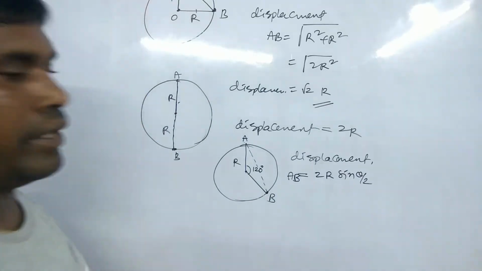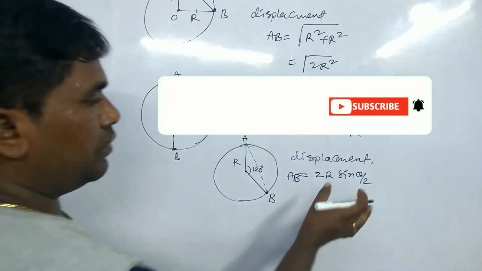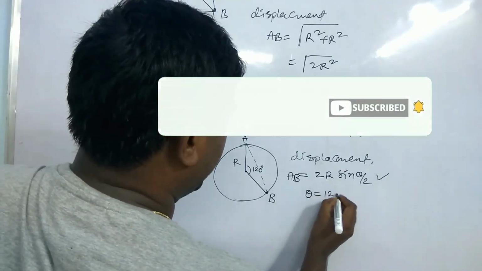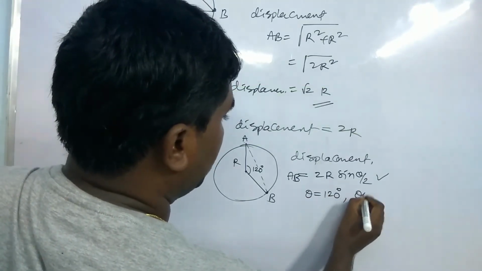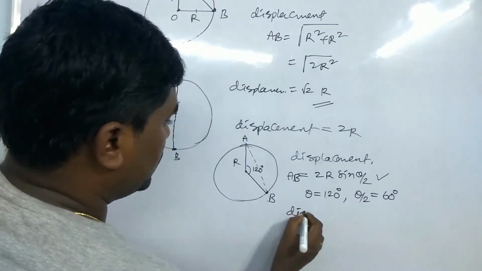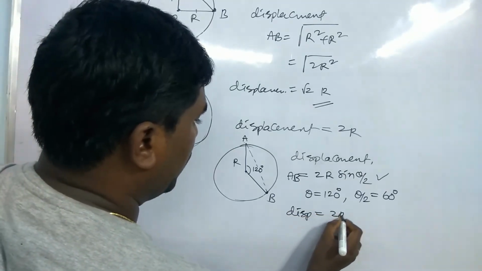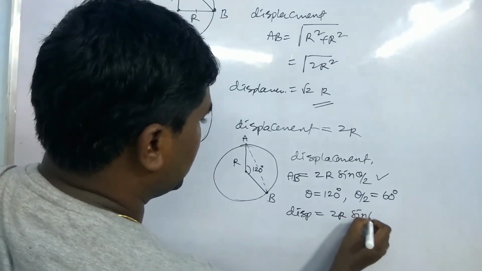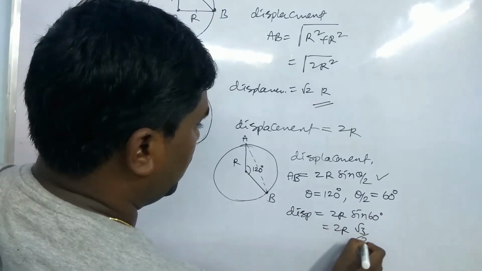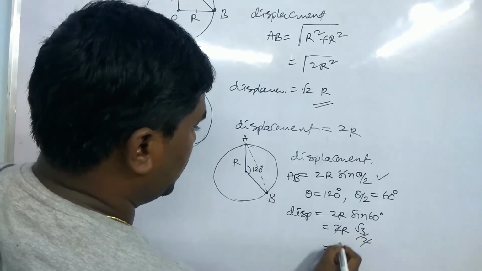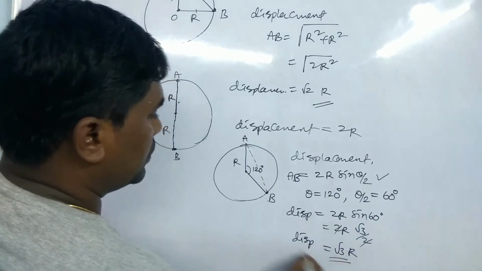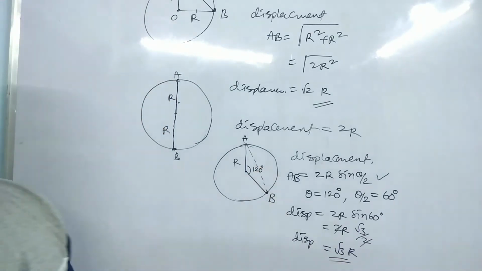You have to remember this formula. Where theta is 120 degrees, theta by 2 is 60 degrees. Therefore displacement is 2 into r into sin 60. Sin 60 is root 3 by 2, and the 2 will cancel out. So the displacement of the particle with angle 120 degrees is root 3 r.